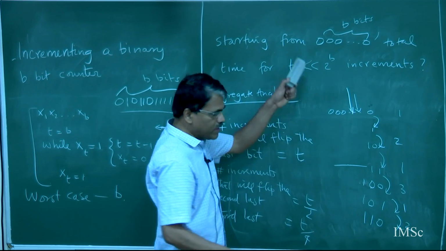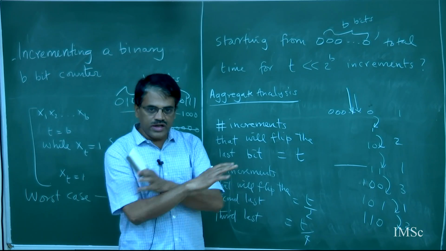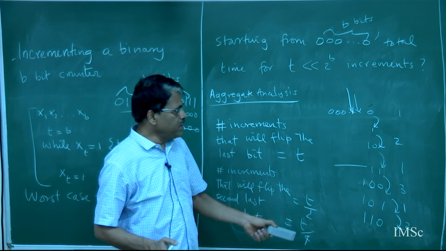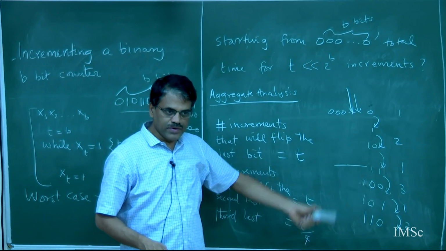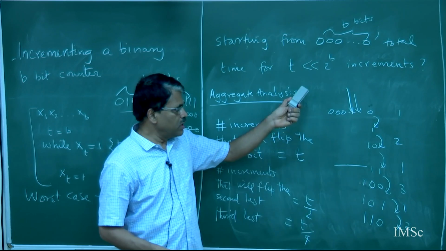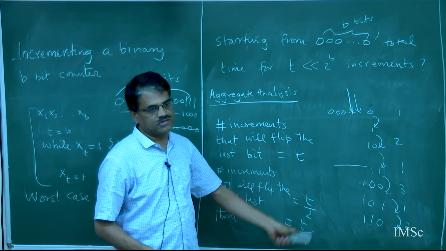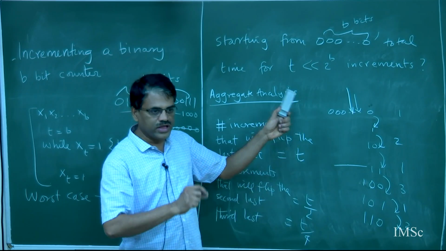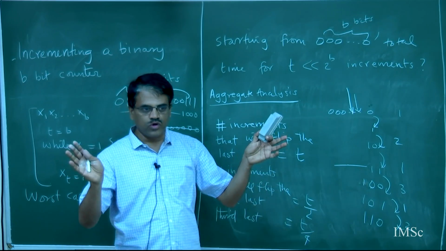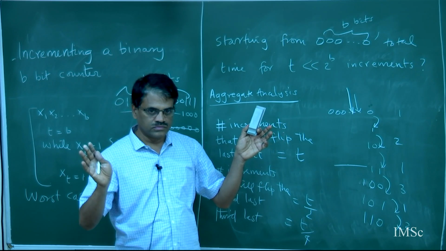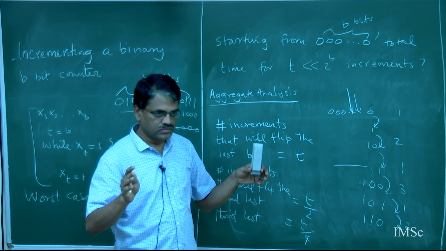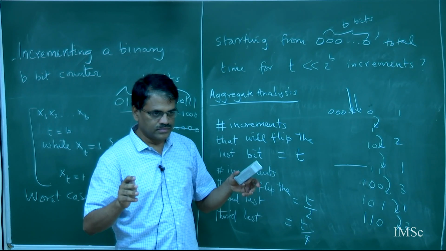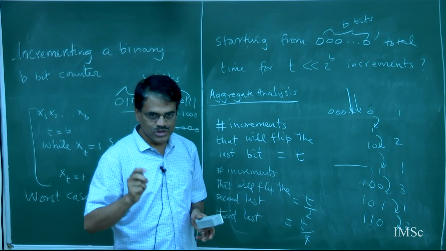So my total time, which is the total number of flips, will be T plus T by 2 plus T by 4 plus T by 8, up to the point of my T bits. And what does it sum up to totally? 2T, right?